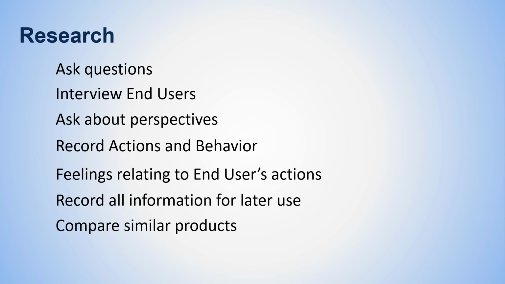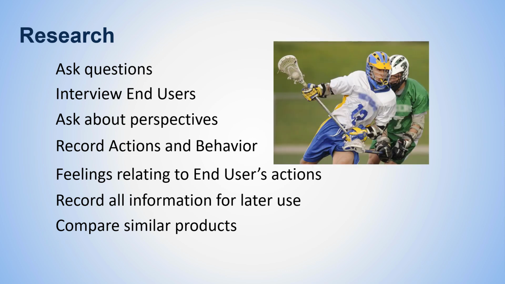Lacrosse is a contact team sport played with a lacrosse stick and a lacrosse ball, as you can see here. It's considered to be one of the oldest organized sports in North America. It originated with the Native American people of North America, dating back as early as the 12th century, believe it or not.